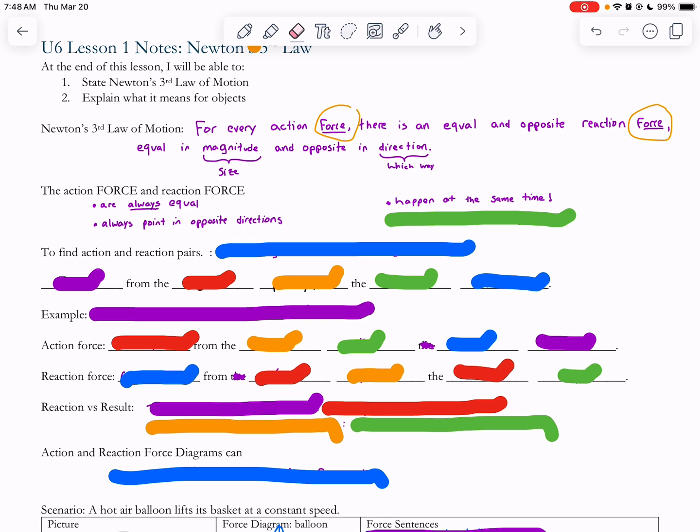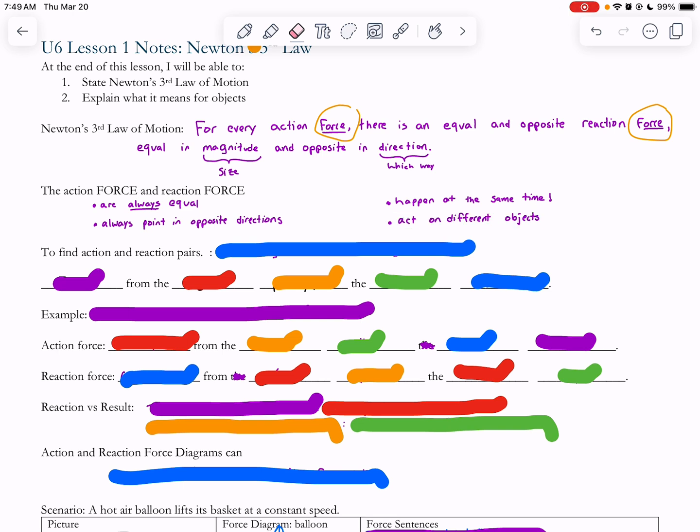If you think about it, the reason people get injured in a boxing match or a fist fight is because when you use your hand to hit something, your hand feels a force also, and that can injure your hand. That's why you have to be really careful when you're hitting things, because you can get hurt too.